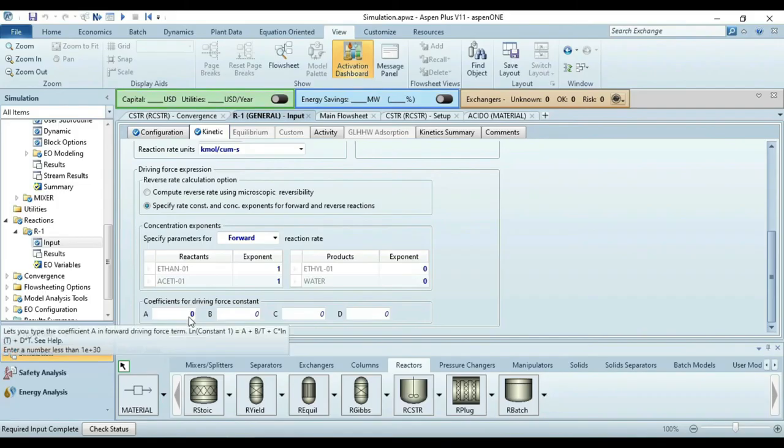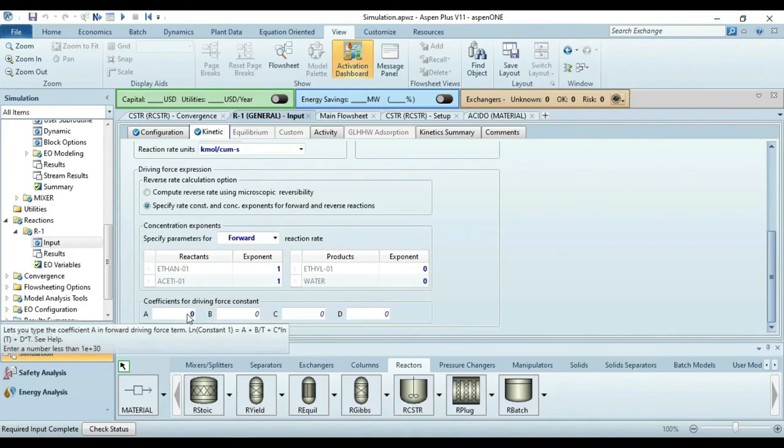Pay attention that we are calculating the constant for the direct reaction based on this expression composed by A, B, C, and D terms, and we only have the parameter A, which must be 0, because when we take the exponential of 0, we obtain 1 as a result for our constant, multiplying the concentrations in the forward reaction rate. So we need to specify this value of 0 for obtaining a constant equal to 1 in the direct term.